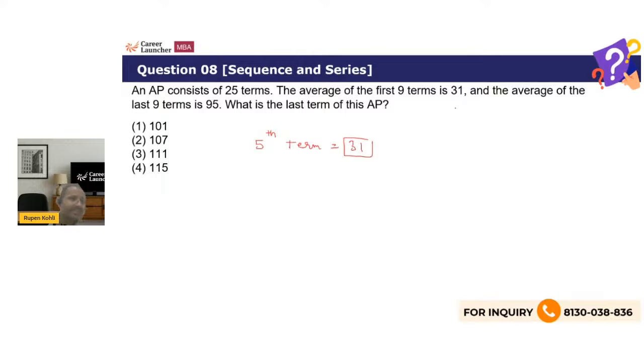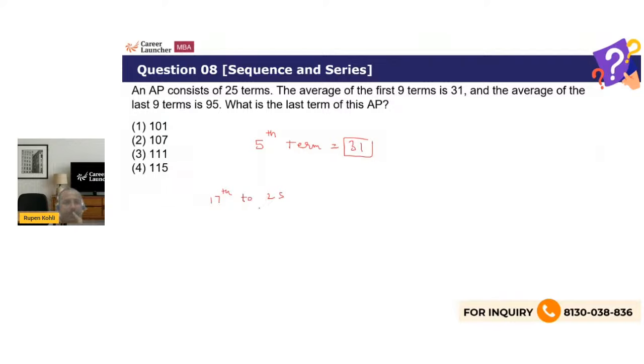Likewise, the last 9 terms go from the 17th to the 25th. 17, 18, 19, 20, 21, 22, 23, 24, 25. That is 25 minus 17 plus 1 terms. And what is the middle term? The 21st, because before and after it there are 4 terms each.